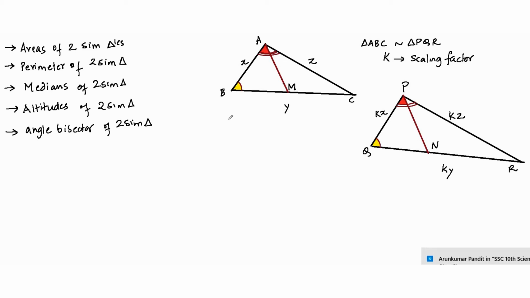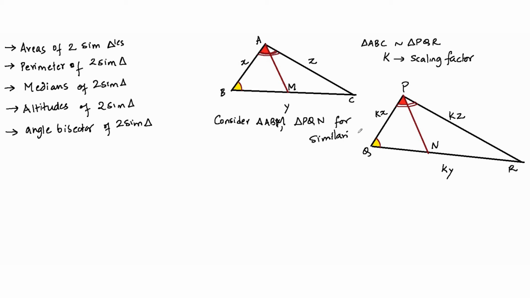We learned this in our Euclid's postulate. So what I'm saying is, consider triangle ABM and triangle PQN for similarity.